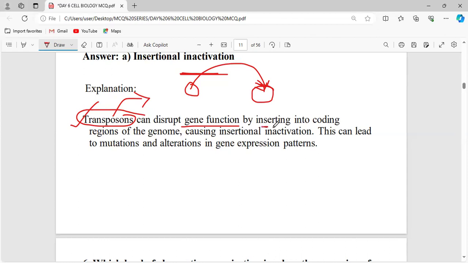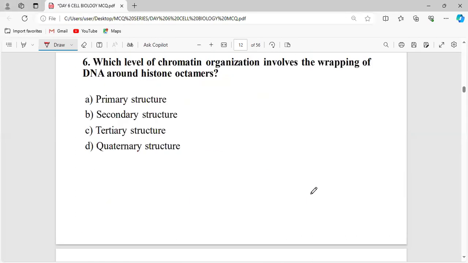When it is inserted into a gene coding for a protein, that is called insertional inactivation. This insertion of genes where it is not needed leads to a mutation. This is what insertional inactivation is.